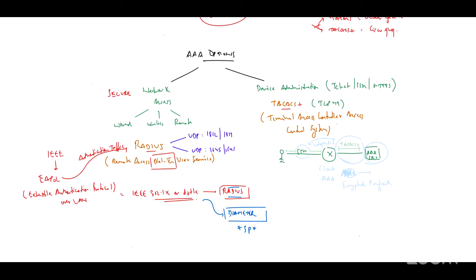With Tacacs Plus, we highlighted that it encrypts the payload, and the payload would typically be your credentials. Radius only hashes the password field. So not even the username, just the password.